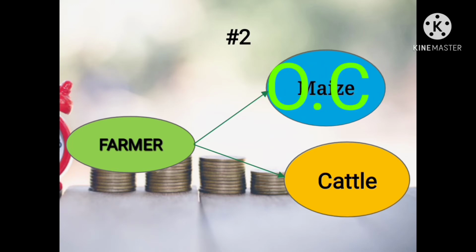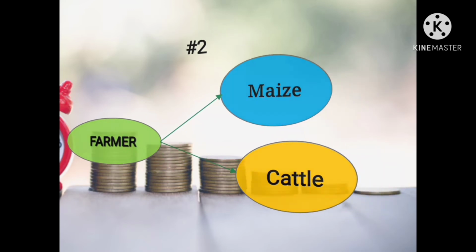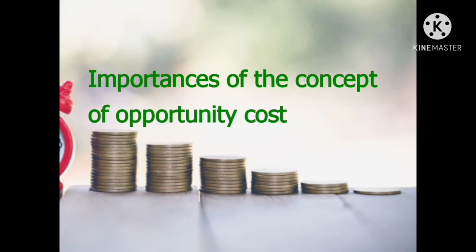He's foregoing maize to rear more cattle on his piece of land. If he chooses to grow more maize, then the opportunity cost is rearing cattle, while he's foregoing rearing of cattle to grow more maize. Among other examples.